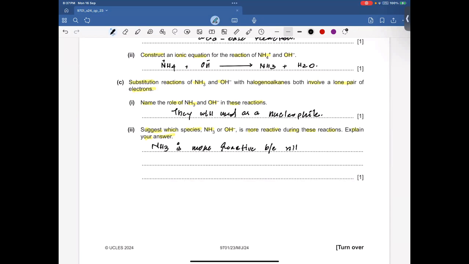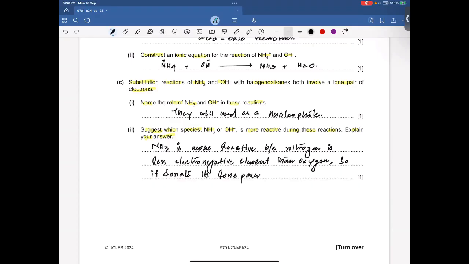Because nitrogen is a less electronegative element than oxygen. So it donates its lone pair easily.